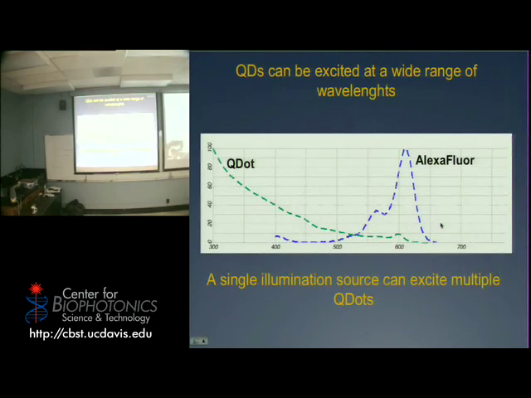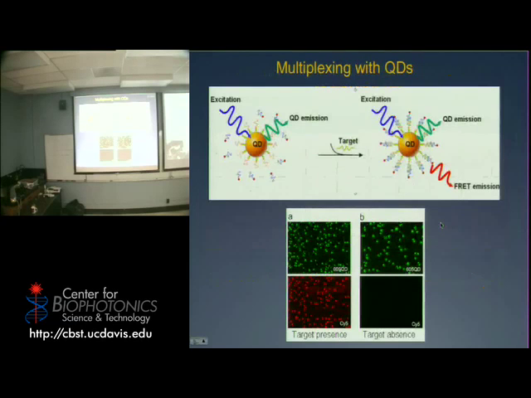With these, you can excite all of them at once at a single wavelength. That's called multiplexing, where you can develop assays where the instrumentation is super simplified. It's cheaper, obviously, but also technically simple, and you can monitor what happens at many different wavelengths simultaneously. Just to give you a very basic example, you can bring this up and make it as big as you want.